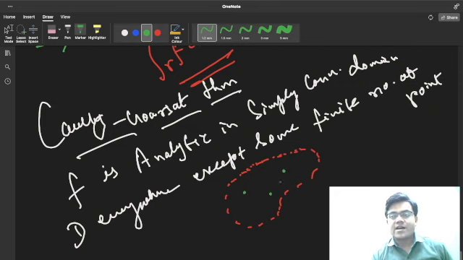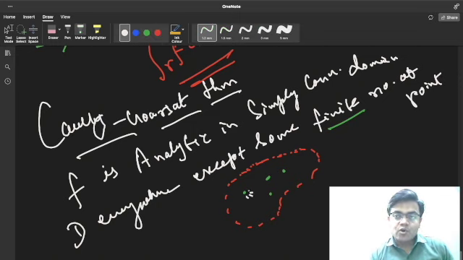Let's say these are the points, but they should be finite in number. And one condition we impose is that in the neighborhood of these points your function is bounded.